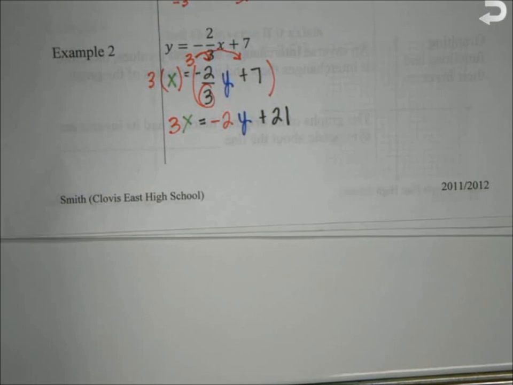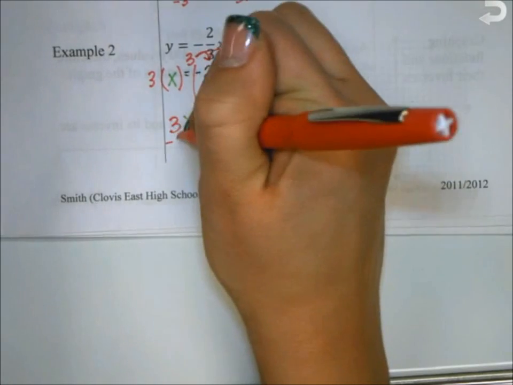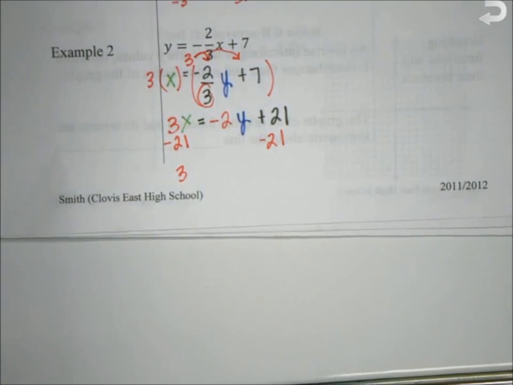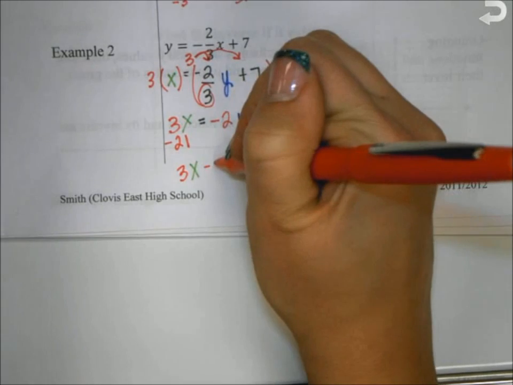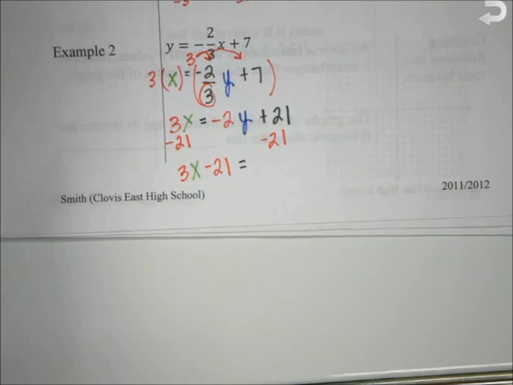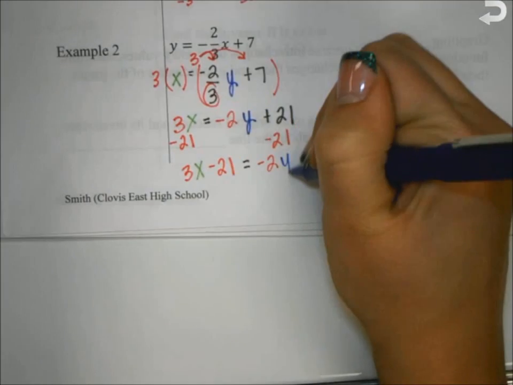We subtract 21 because we're solving for y, and that's going to give me 3x minus 21 equals -2y. And then we divide by -2. So let's divide both sides by -2 because these will cancel.